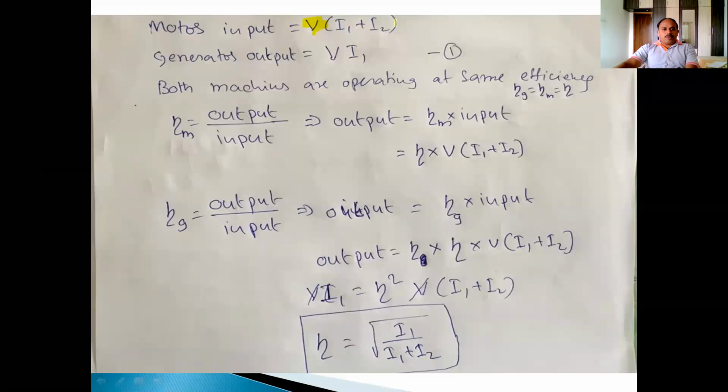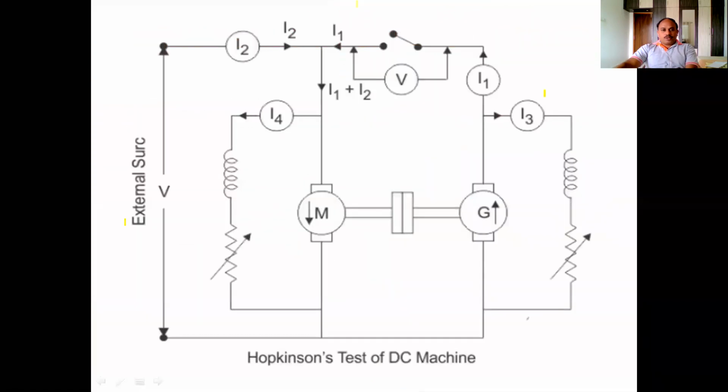The current taken by the motor armature equals I1 plus I2. Power equals voltage into current, so the power taken by the motor equals V into I1 plus I2.